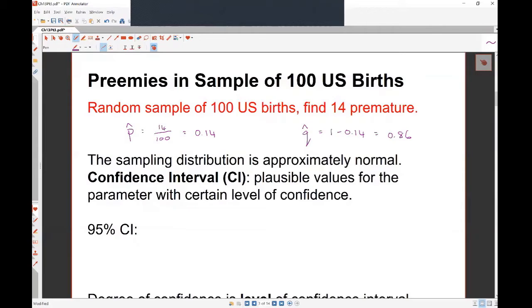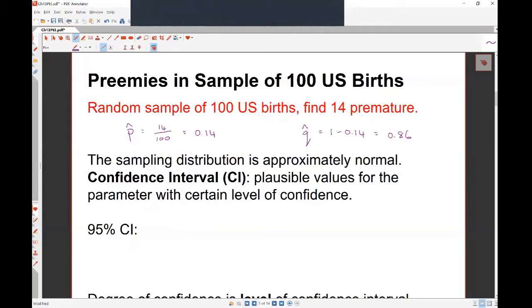Now, if we know that the sampling distribution is approximately normal, you can go and review the previous lecture for the conditions that ensure approximate normality is reasonable. If we know that to be true, then we can construct something called a confidence interval.